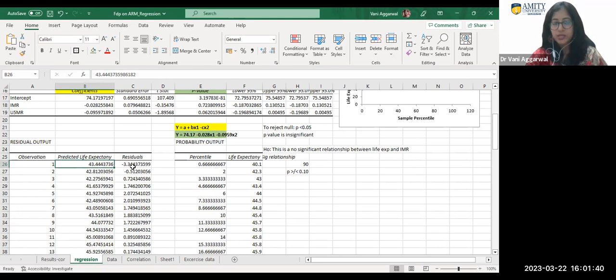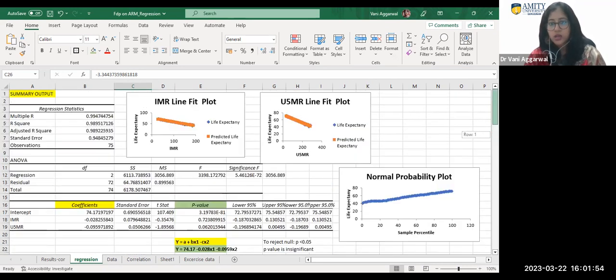The gap in between is your error, the residual. So it explains how far off it is. And then these line plots explain the relationship between IMR and life expectancy. It shows they are negatively related, you can see the inverse relationship. And the predicted, this is the estimated life expectancy, so this is showing your negative relation, inverse relationship.